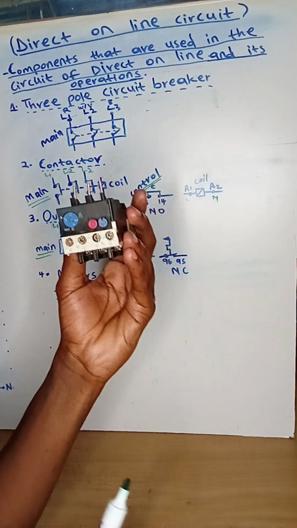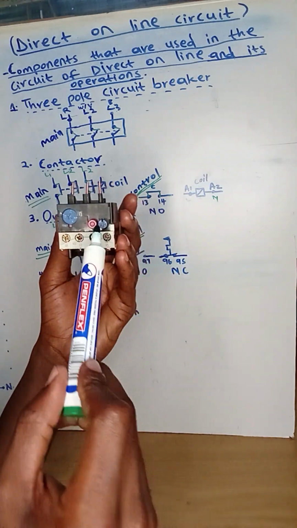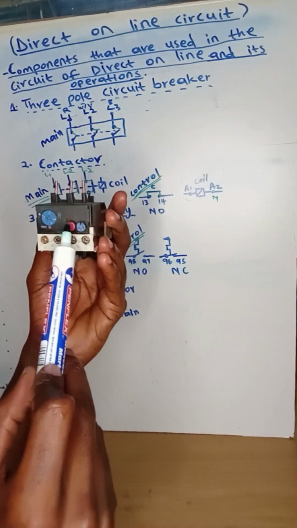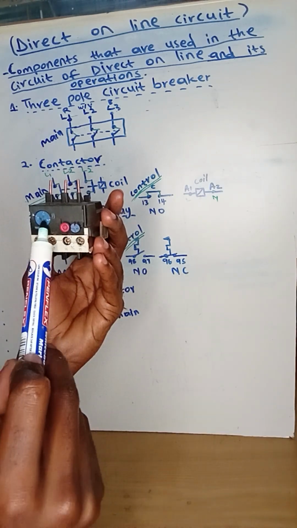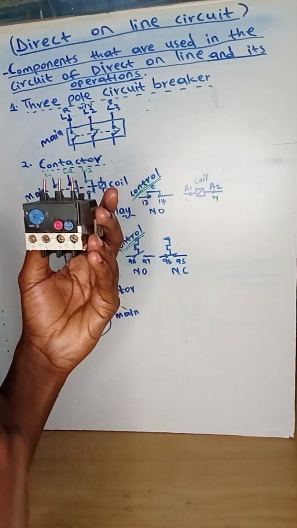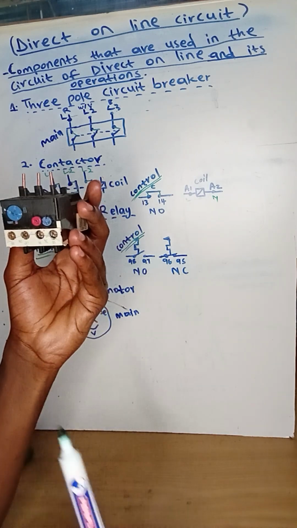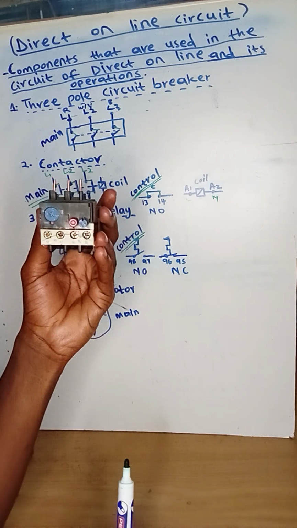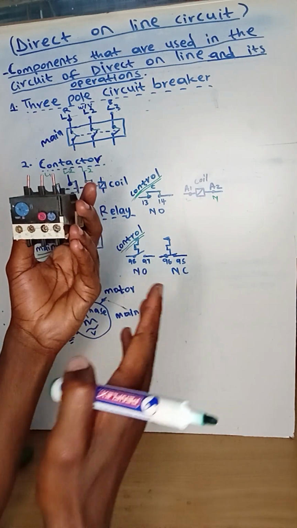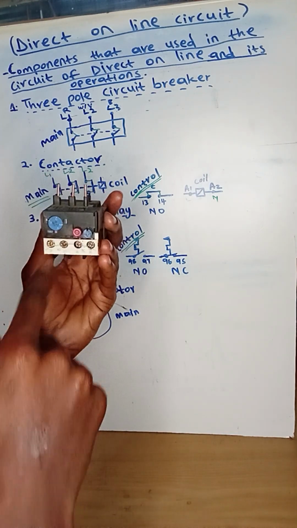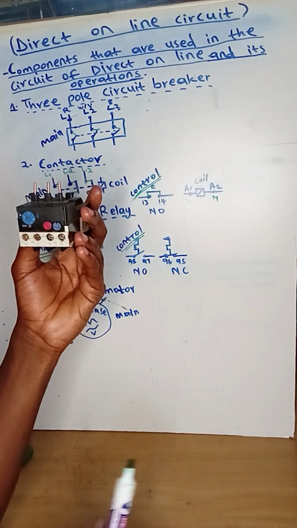Right, but if you check your overload relay, there are also buttons there. So I'll talk about these buttons right now. This red button is a stop button. In case you want to stop your circuit, you can press this stop button.